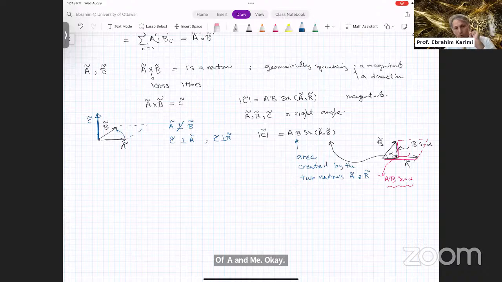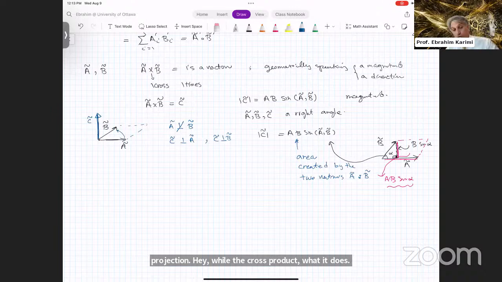So, well, the dot product will provide you the projection, while the cross product is a vector orthogonal to A and B, but on the other side, it also provides you the surface created by the two vectors.